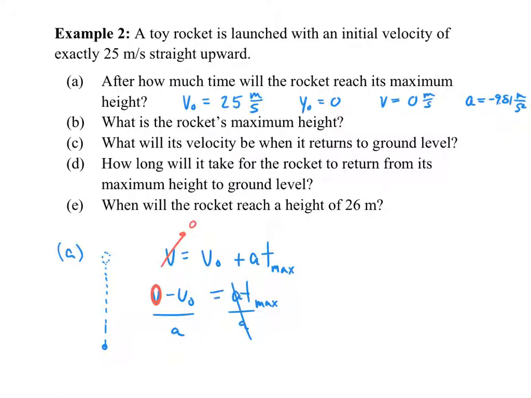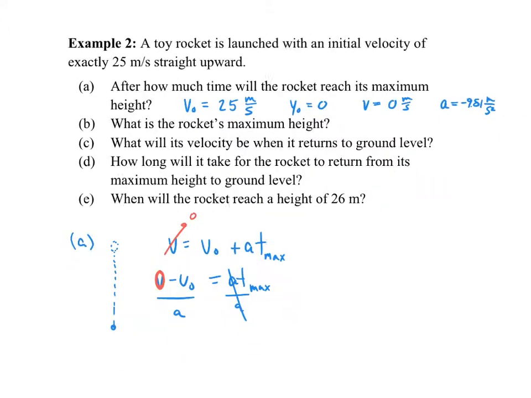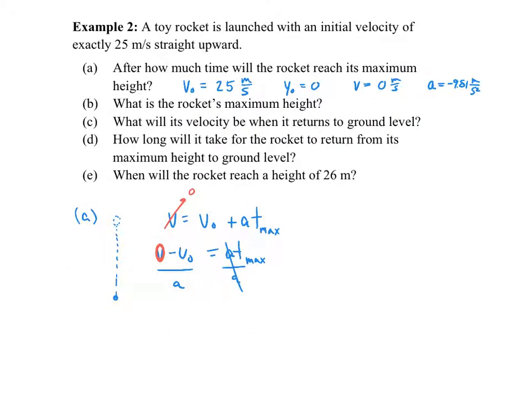They're looking at the time it takes to get the max height. That time will be a value of 2.55 seconds. Check my math always, please. I'm just looking at my numbers I've written down, so always check my math.